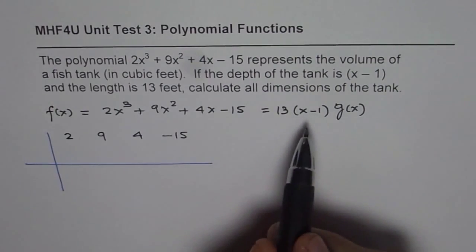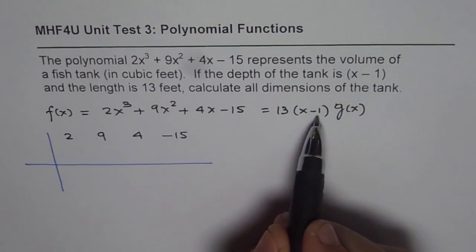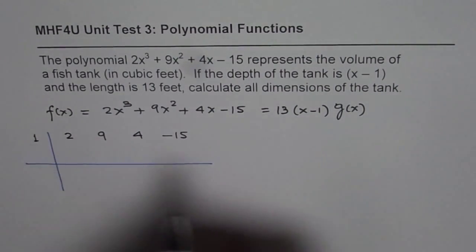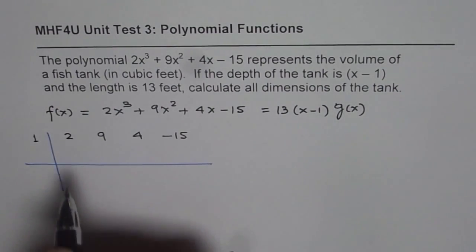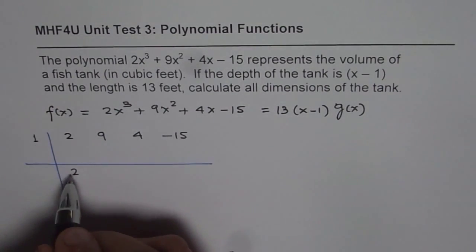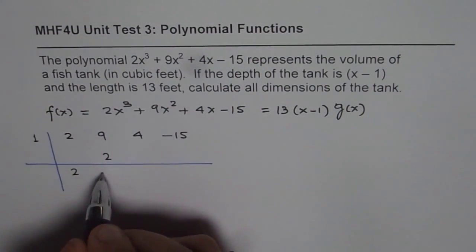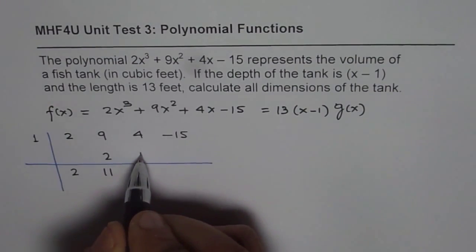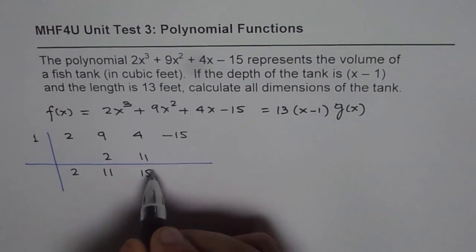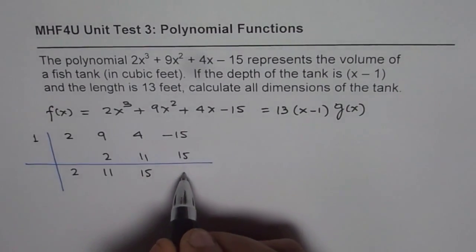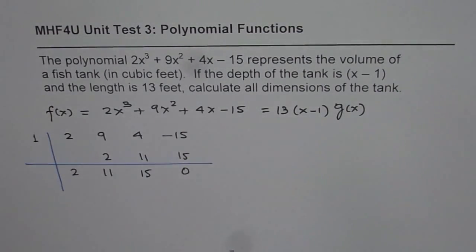We divide by 1, since x minus 1 is the factor. Bring down 2, multiply by 1, add them, multiply by 1, add them, multiply by 1, add them. As expected, you get 0 remainder.